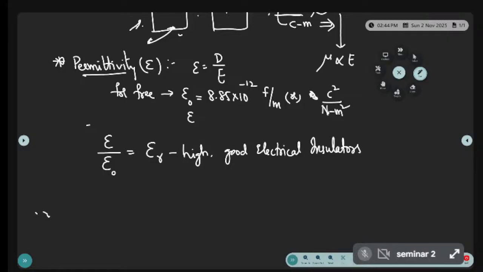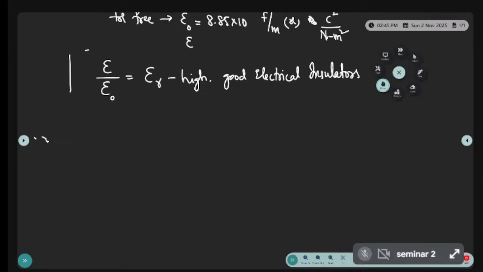Relative permittivity. What is relative permittivity? Ratio between permittivity of a medium to permittivity of free space. Okay. Next, we are going to see electric polarization.